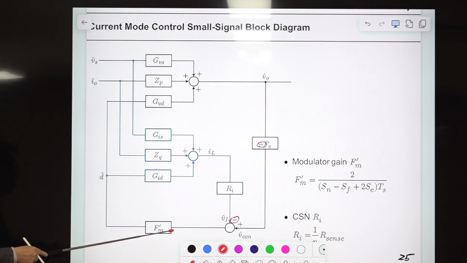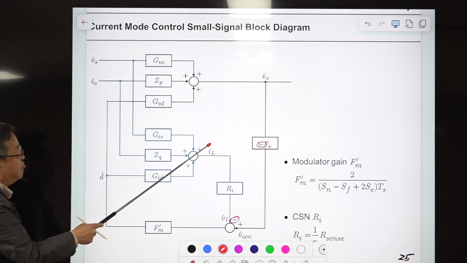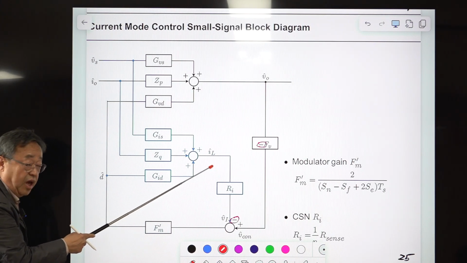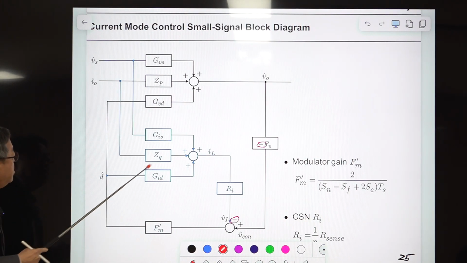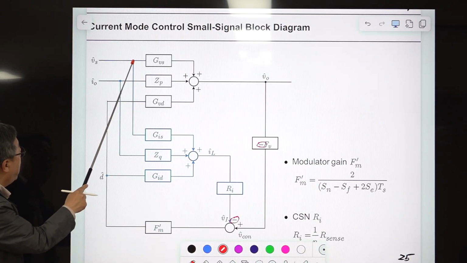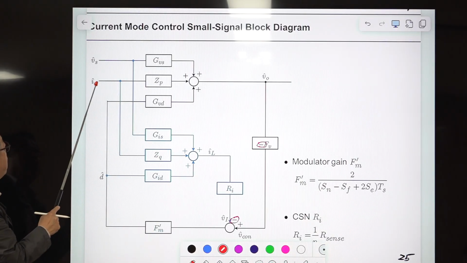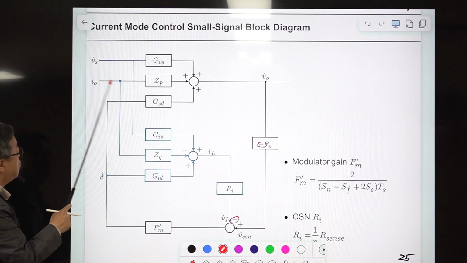And for the voltage mode control, this was FM. We are talking about current mode control, so FM is changed to FM prime, and we have feedback from the inductor current. The inductor current is affected by this duty ratio, by this input voltage disturbance, and also by this load current.